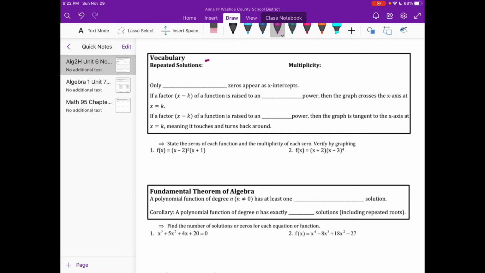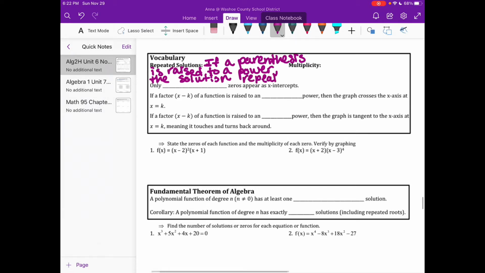So if, this is something you should probably write down, a parentheses is raised to a power, the solution repeats. I'm trying not to get on that other line, so I'm sorry. The solution repeats. Okay.